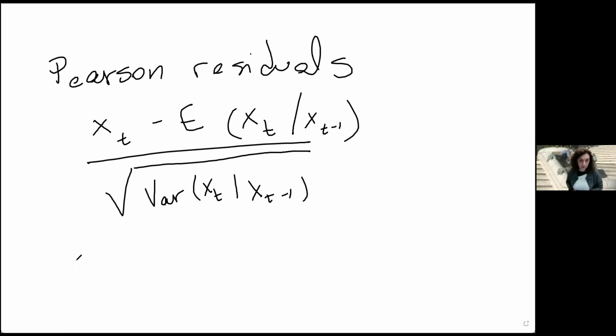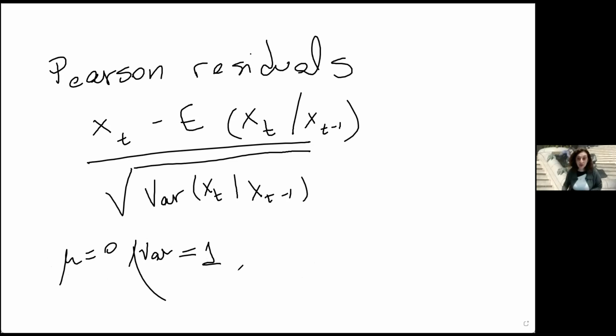And if the model were reasonable, then they would be uncorrelated with mean 0 and variance 1. If they have a larger variance, then we would suspect over-dispersion.